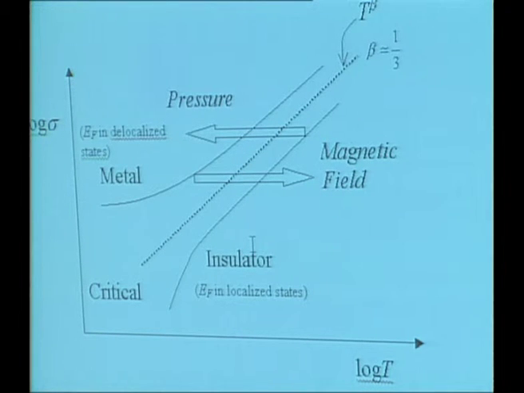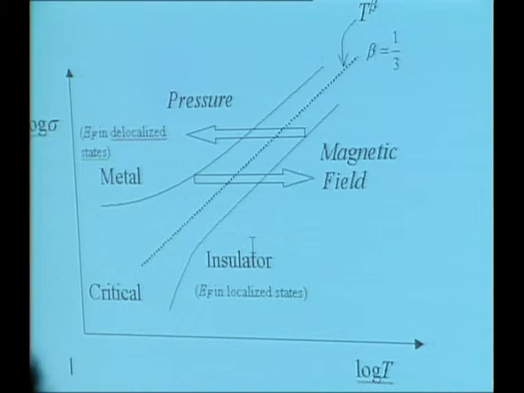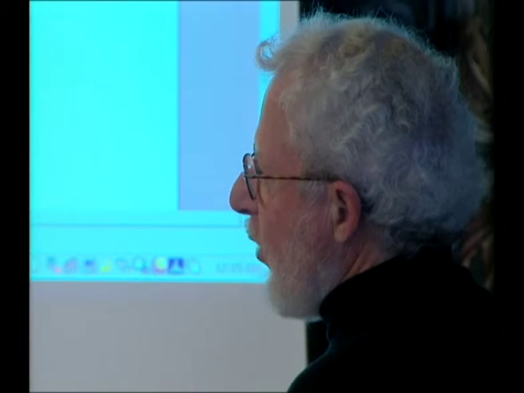In the Fermi glass regime, all the states are localized, and the electrical conductivity is determined by Mott variable range hopping. As I go down in temperature, the conductivity drops to 0 in this peculiar way, as 1 over T to the 1 over d plus 1.